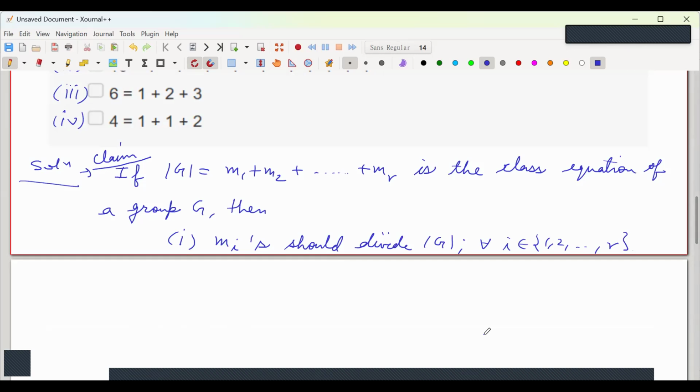And second thing is r should also divide... instead of should, I can simply write divides.